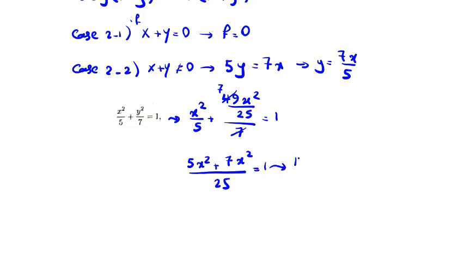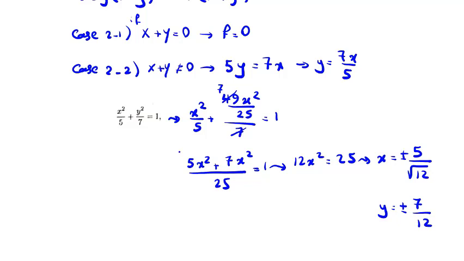So we conclude 12x squared equals 25 if we cross multiply. Then x is plus minus 5 over root 12. Also y is 7 over 5 times this, it will be plus minus 7 over root 12.